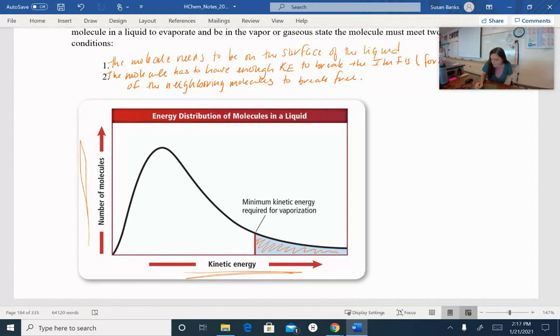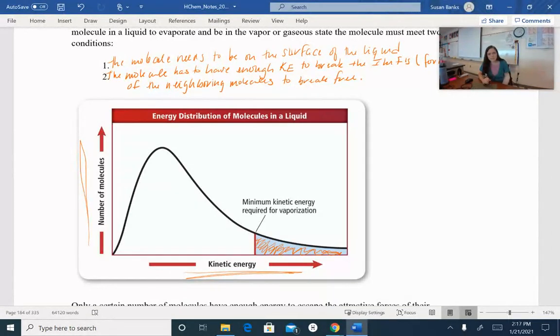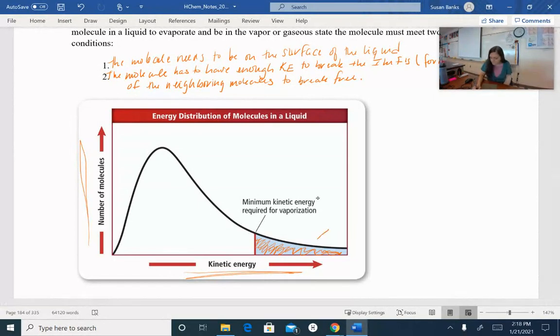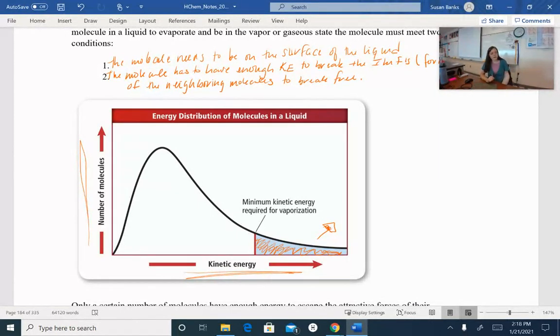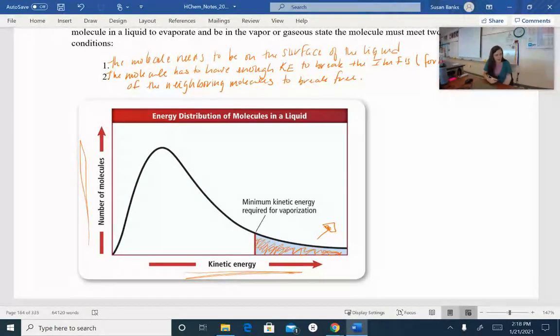Now, how many of the molecules in this section right here are actually on the surface? Probably very few, but a few of them are, so they will evaporate and become part of the gas state.